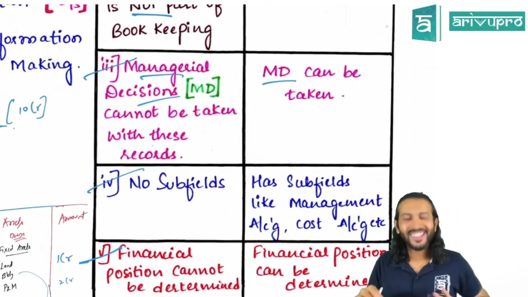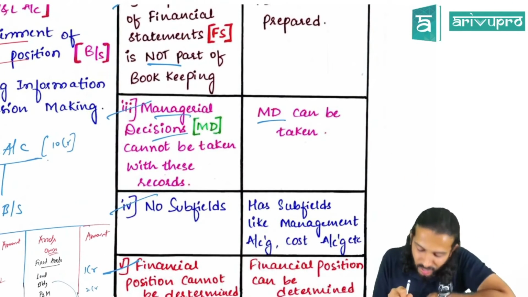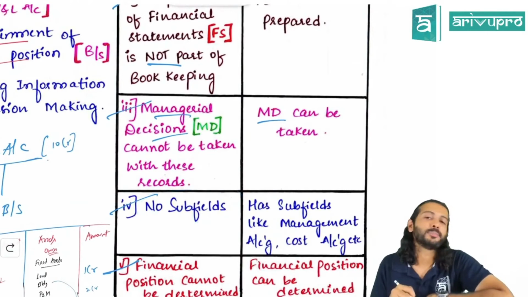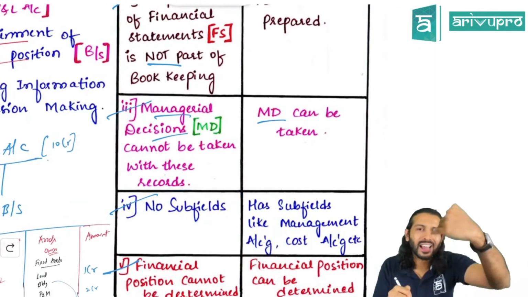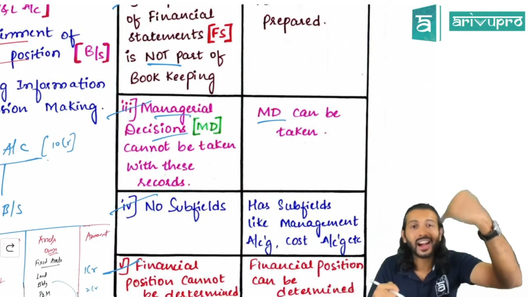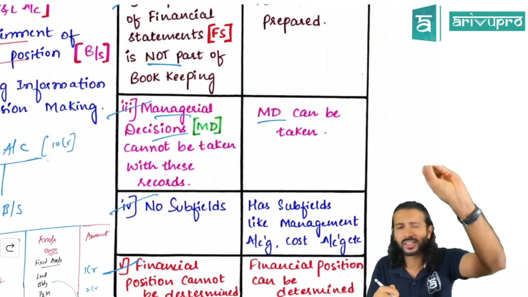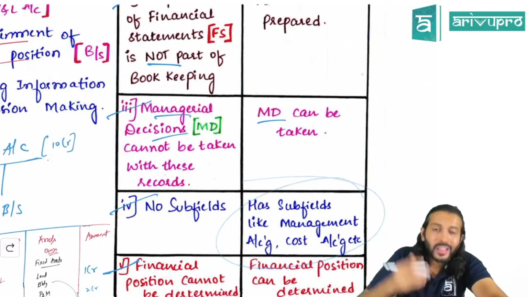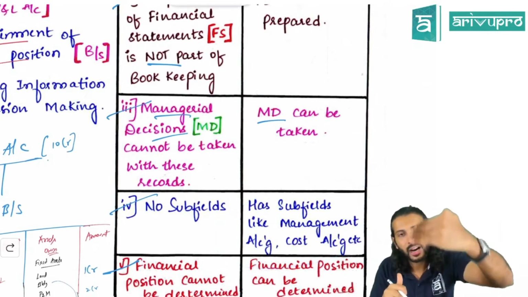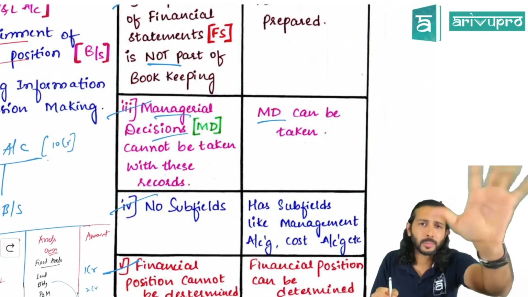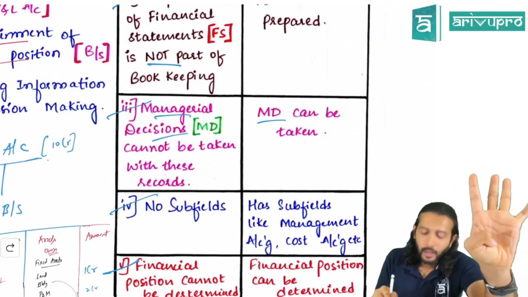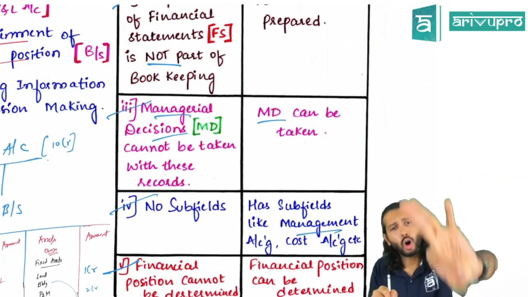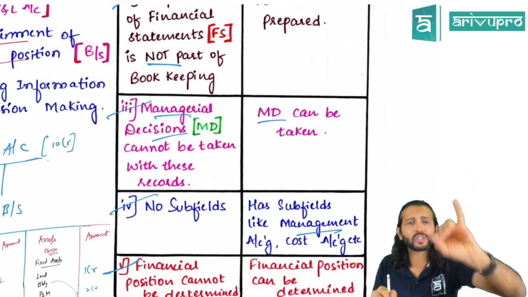Next is sub-fields. Bookkeeping does not have any sub-fields. It does not have anything under it. Bookkeeping just deals with recording. But accounting has various sub-fields, meaning it has something under it, such as financial accounting, management accounting, cost accounting, human resource accounting.